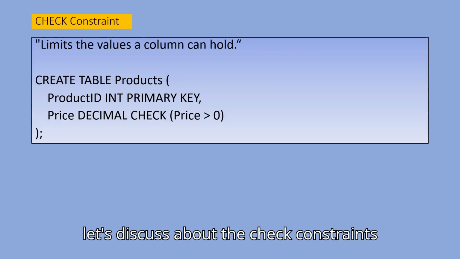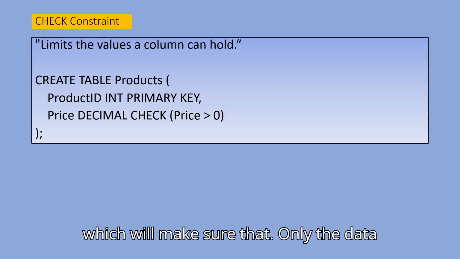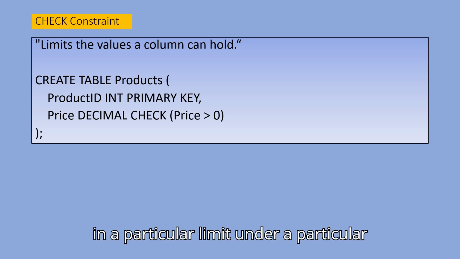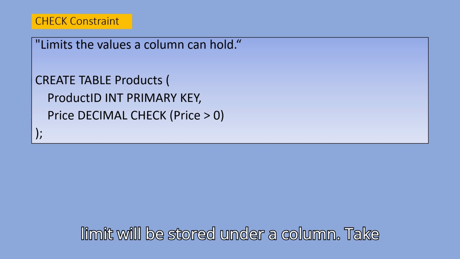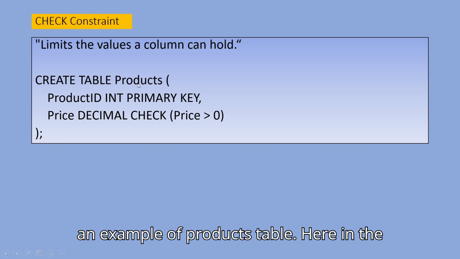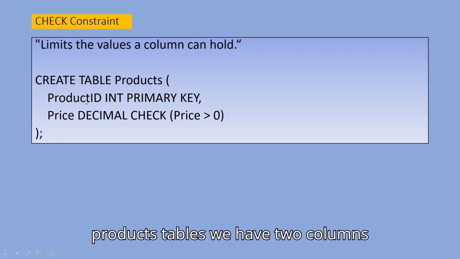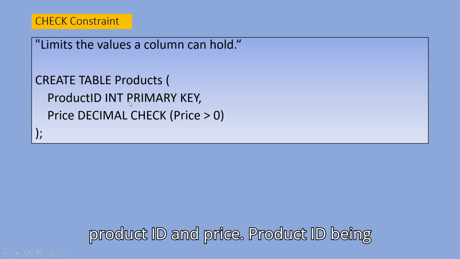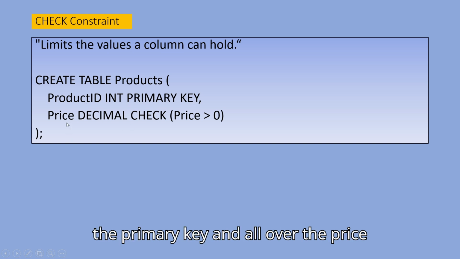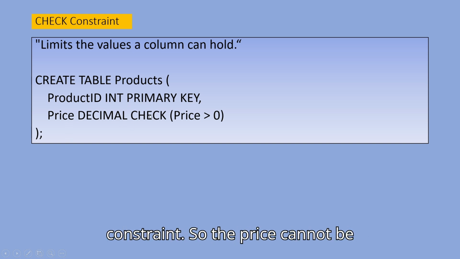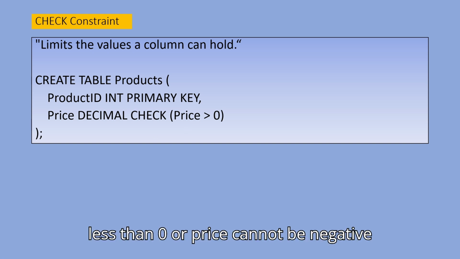Now let's discuss the check constraint, which makes sure that only data under a particular limit will be stored in a column. Take an example of the products table here. In the products table, we have two columns, product ID and price. Product ID is the primary key, and over the price column we are applying the check constraint. So the price cannot be less than 0, or cannot be a negative value.